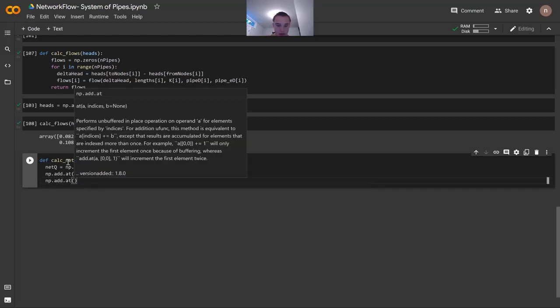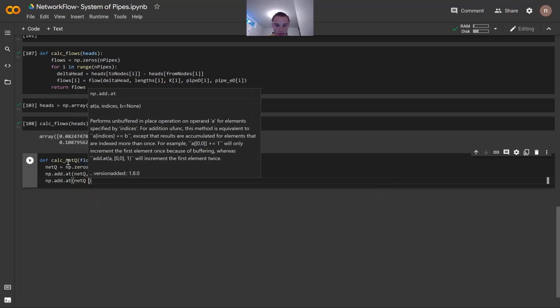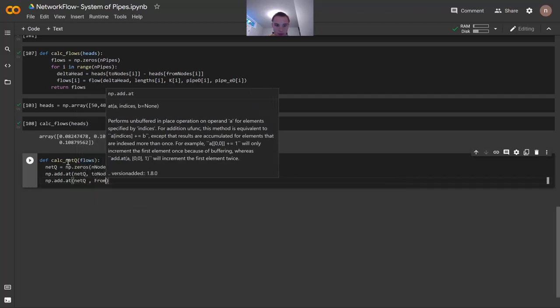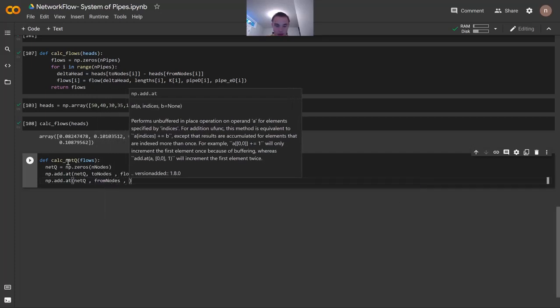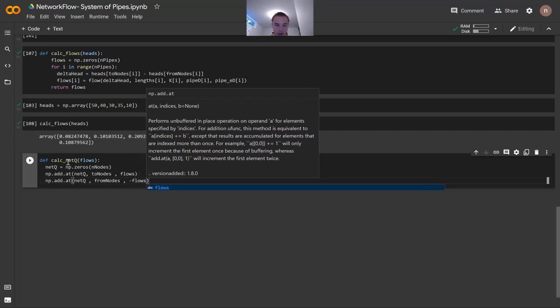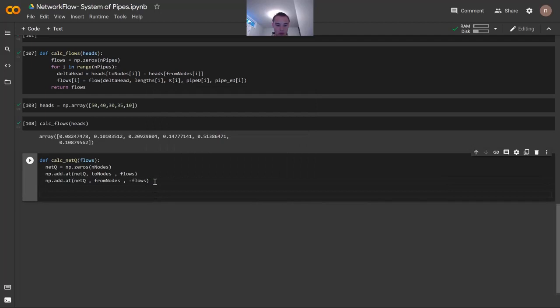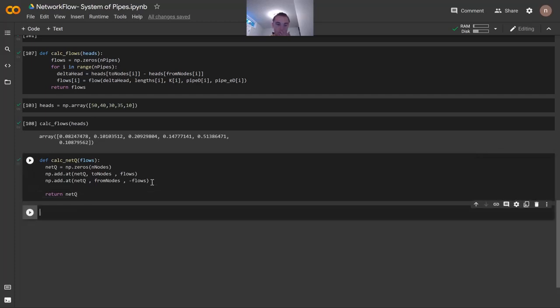So from our net flow, we have our from nodes, then we do a negative flow, since the flow on the from node is negative. And then we return our net flow.